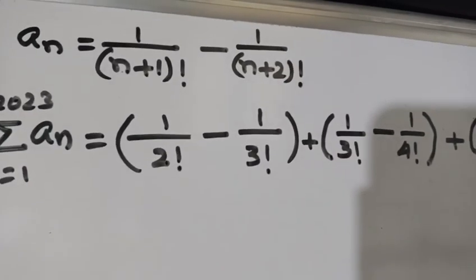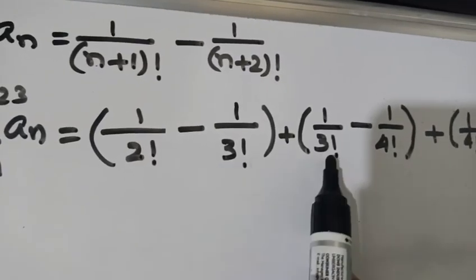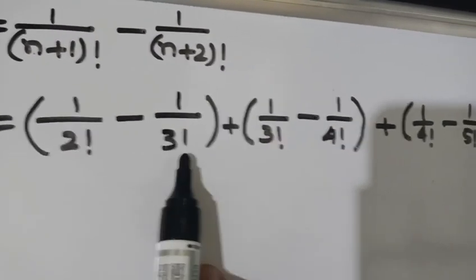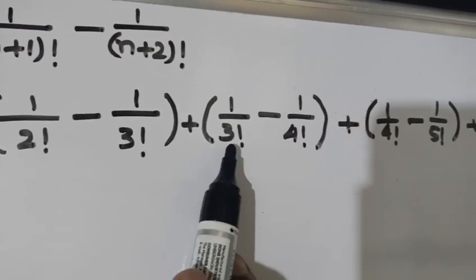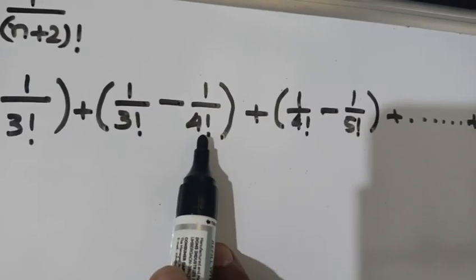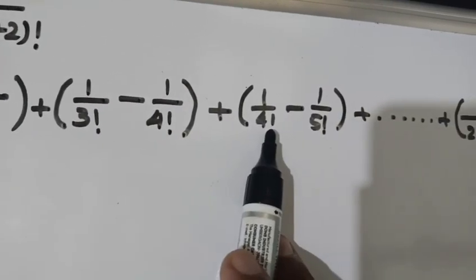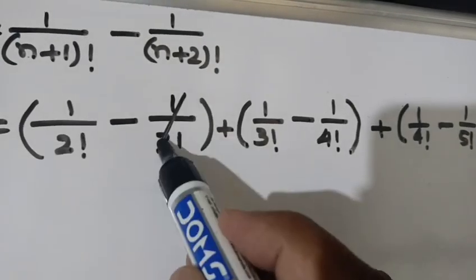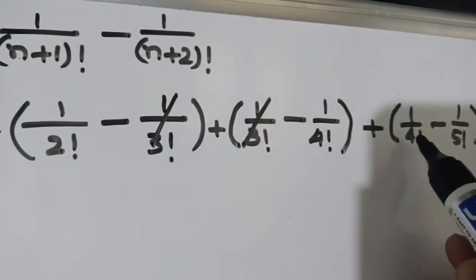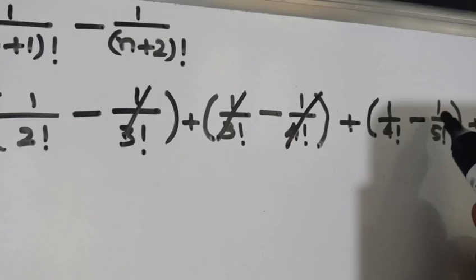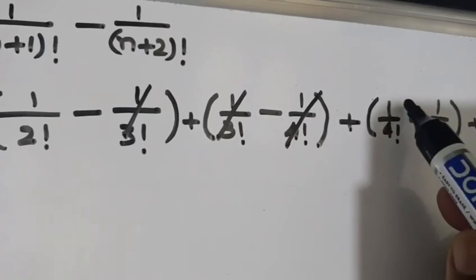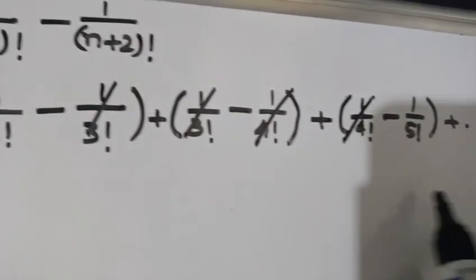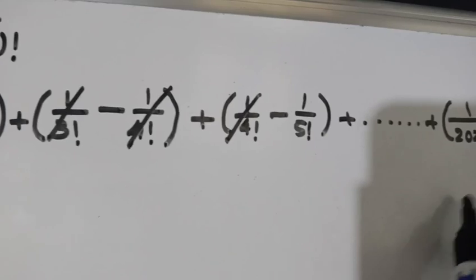So finally what I get? So here we can see this minus 1 by 3 factorial plus 1 by 3 factorial, minus 1 by 4 factorial plus 1 by 4 factorial. So these terms I can cancel.